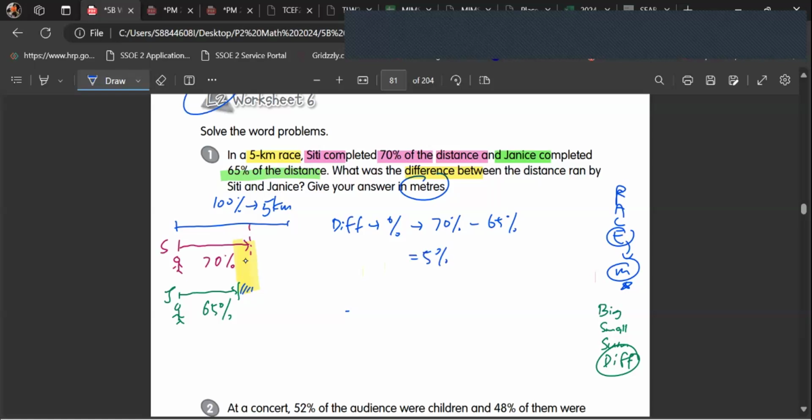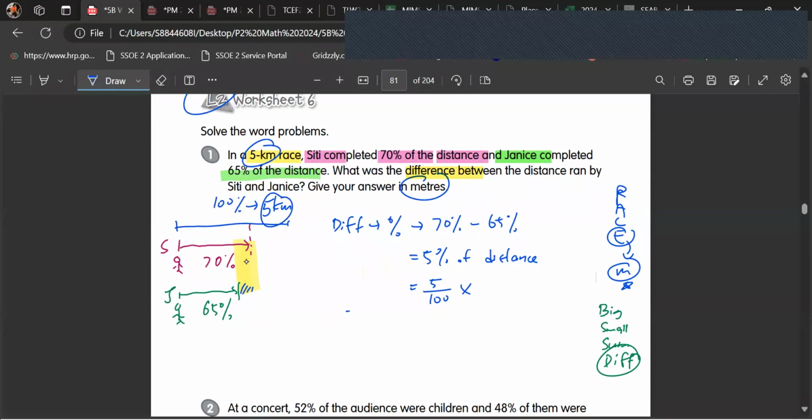But the answer is in meters, so you want 5% of the whole distance. So I'll get 5% times 5 kilometers. From 5 kilometers, the whole range, I immediately convert this to 5,000 meters, because 1 kilometer is 1,000.